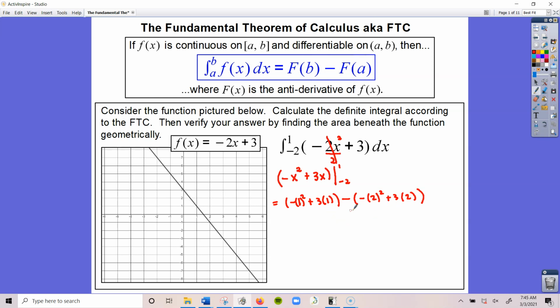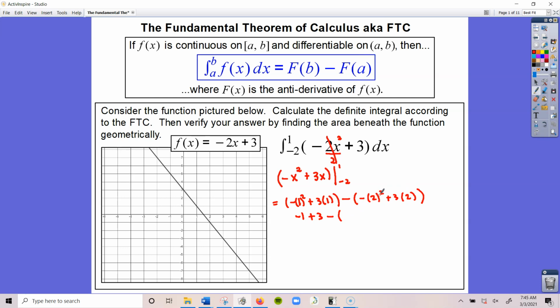Now we just work this out. 1 squared is 1, so this gives me negative 1 plus 3 minus, and anytime you have the minus using the FTC, put whatever you are subtracting in parentheses, to make sure that you distribute the negative or work out what's inside the parentheses first and then subtract.